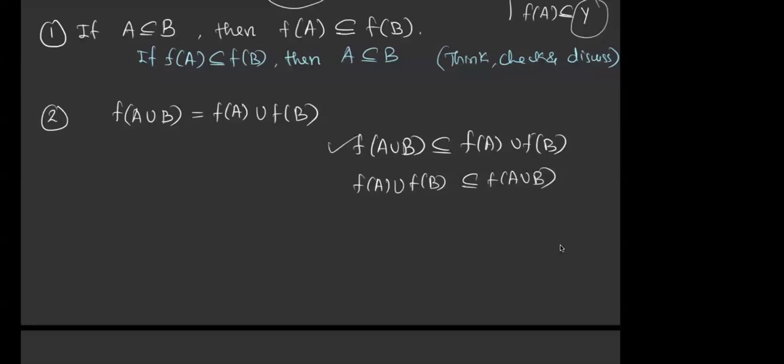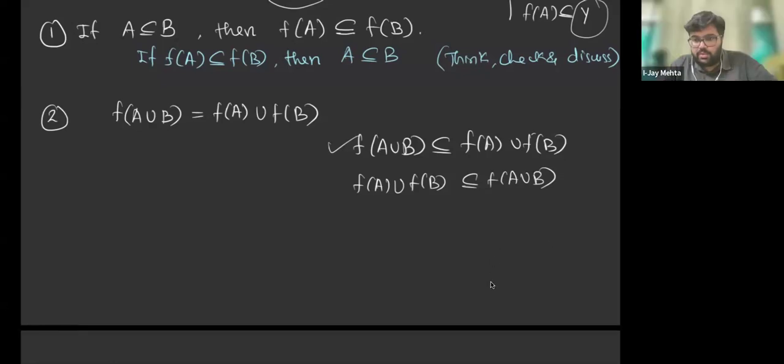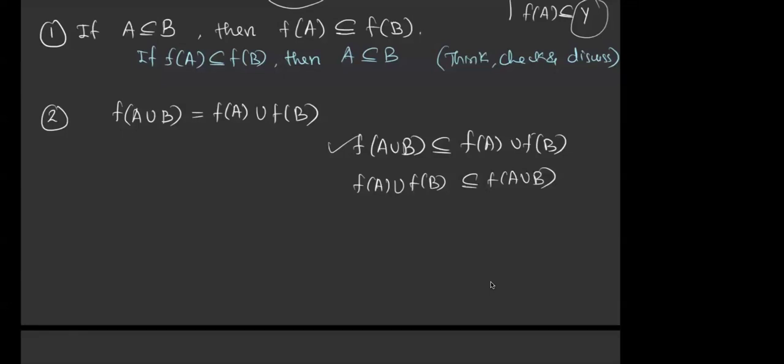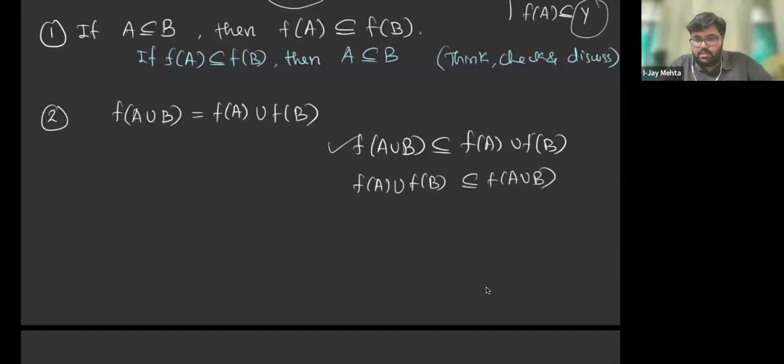So in both these cases, therefore x belongs to A union B. Either x is in A or we are getting some element in A such that y equals f(x). If we are getting it in A, can I say that x is in A union B?